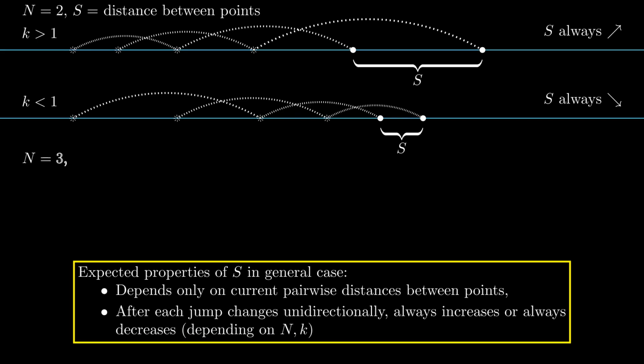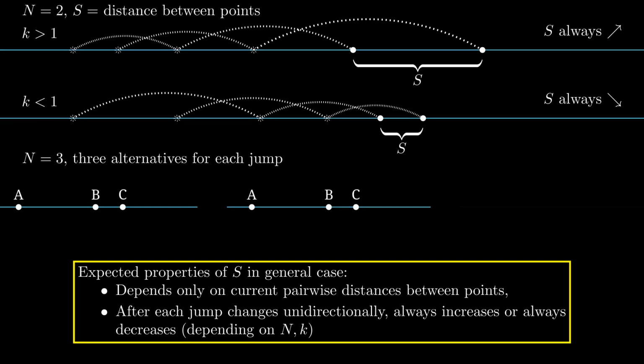Let us more carefully consider the three-point case. There are three alternatives for each jump: left over right, middle over right, and left over middle. In the first two cases you can see that the total spread of points increases. They become more widely located along the line. And in the third case they squeeze to each other.